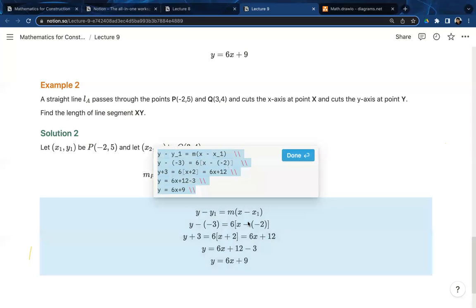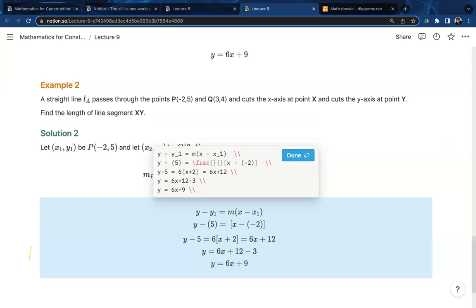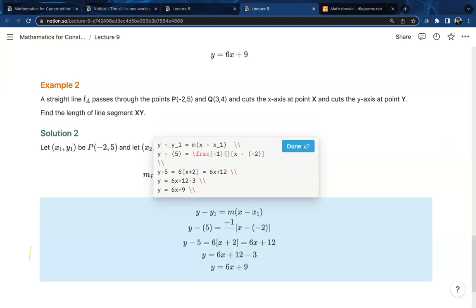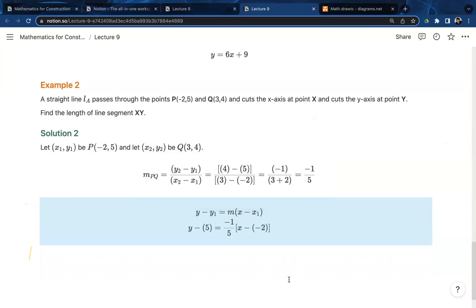So y1 is 5, and x1 is -2. So y minus 5 is equal to, the gradient is a fraction, -1/5. But this looks real terrible.